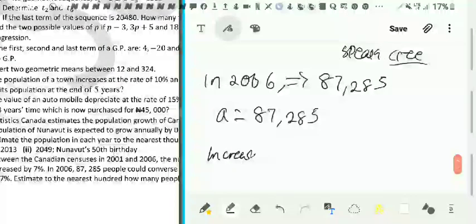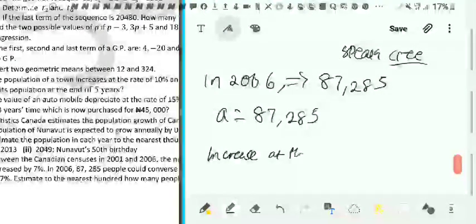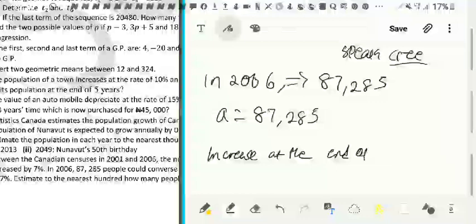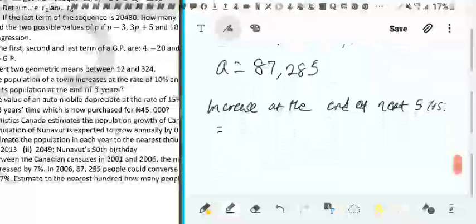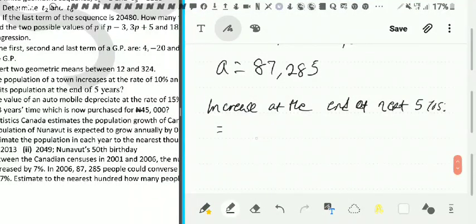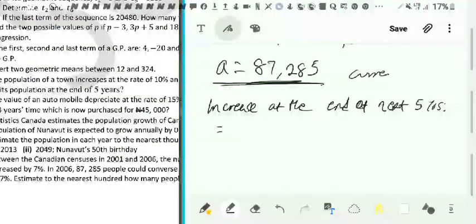increase at the end of the next 5 years. That will be equal to what? You know, it's increasing by 7% every 5 years, 7% of the previous population. So this is the current population now, and this should be at the start of 2007. In the ending of 2006, 87,285 people could converse.